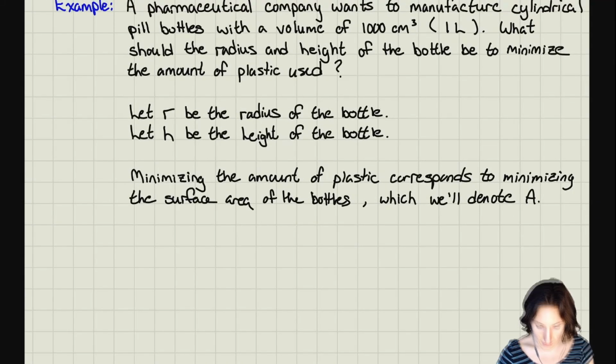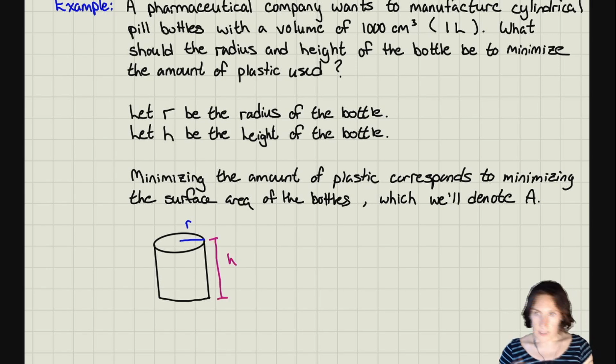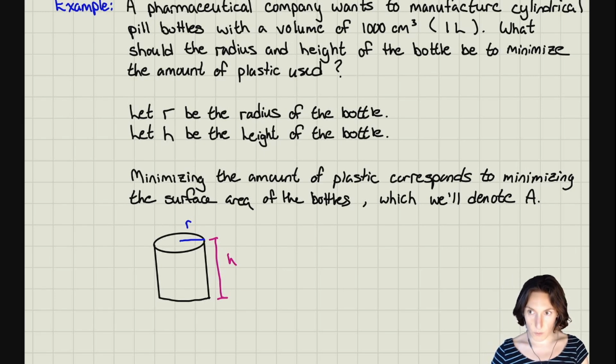So now if I think about, let me draw a little pill bottle here. Plastic pill bottle. Okay, in terms of my labeling, I have my radius here, and I have my height. Now, with respect to the surface area, what do we have here?